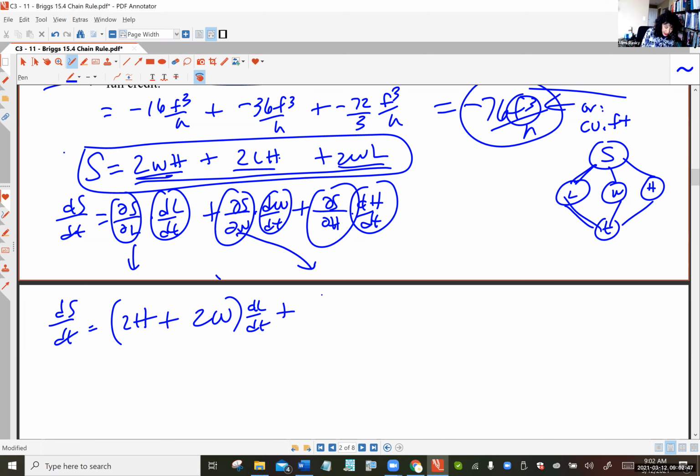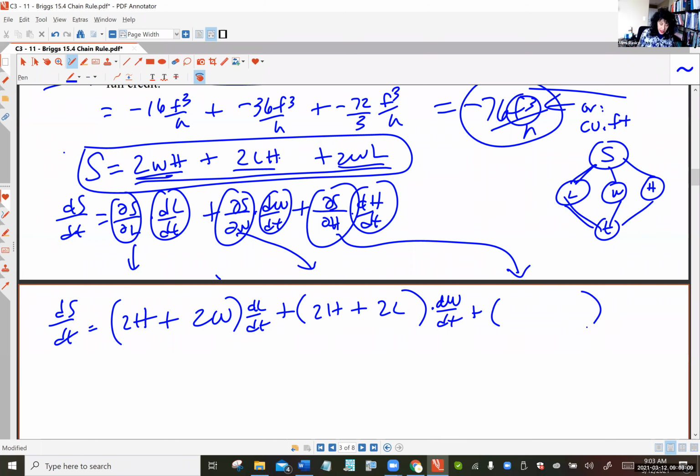Plus, now you've got to get the partial of surface area with respect to width, W. So you'll hold H and L constant. So you're going to get 2H plus 2L. And you'll multiply that by dW/dt. Plus, finally, you need to get the partial of the surface area with respect to height. And that means you're going to hold W and L constant. And I get 2W plus 2L, and you'll multiply that by dH/dt.